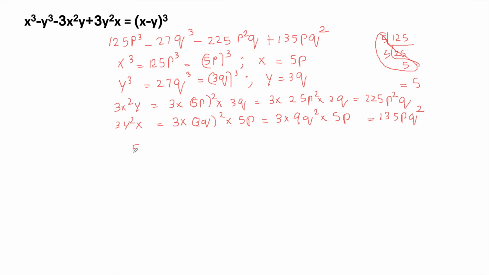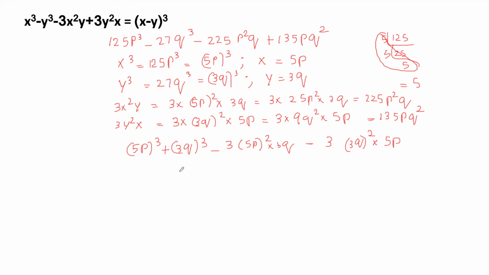We can use 5p the whole cube plus 3q the whole cube minus 3 into 5p square into 3q minus 3 into 3q square into 5p.